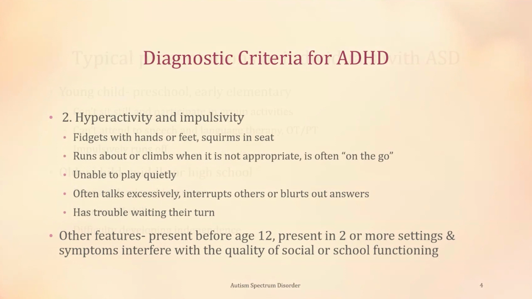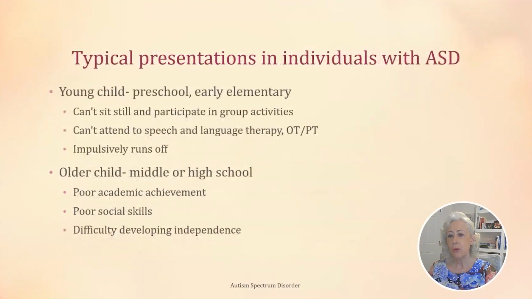Typical presentations in individuals with autism. In thinking about this, I see two more typical presentations. One is the young child who could be preschool age, 4, or early elementary school. And these are kids who can't sit still and participate in group activities, which obviously has an impact on social functioning and social learning.